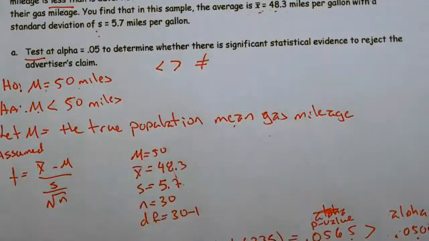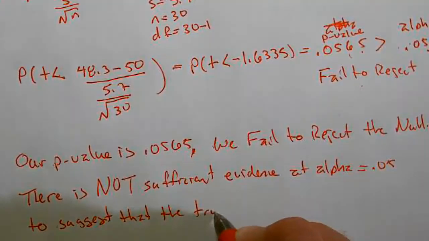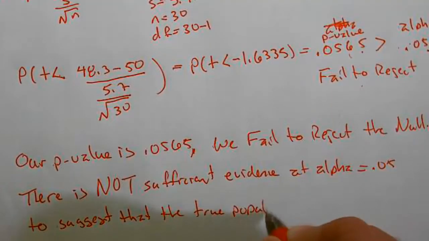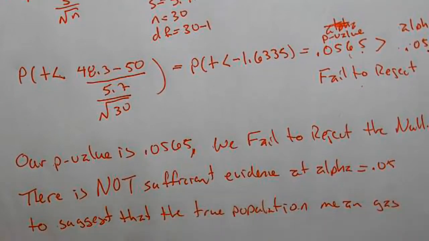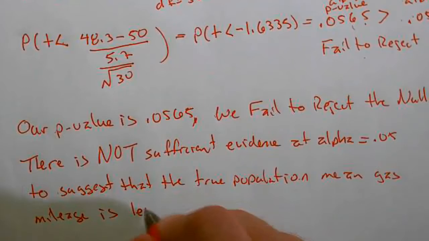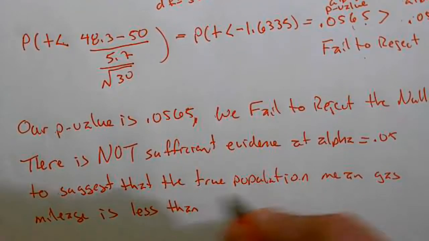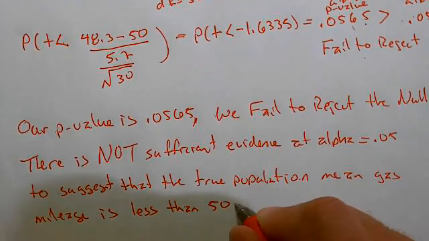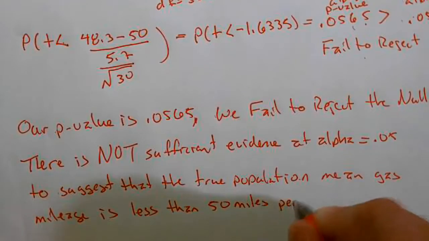True population mean gas mileage. That the true population mean gas mileage is less than 50 miles per gallon.